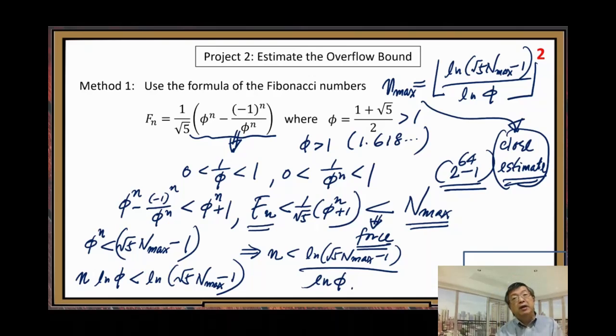Although we can get the estimate faster, the disadvantage is it may not be precise. It is close, but may not be precise. All right, so let's stop right here.